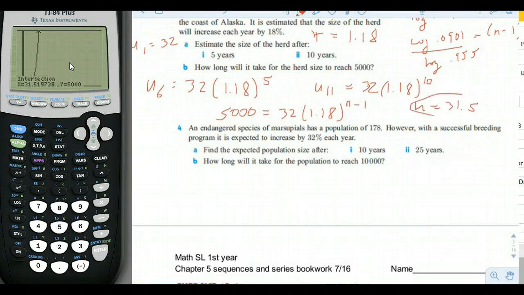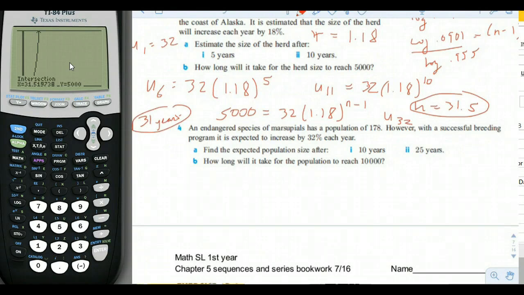So how long will it take for the herd size to reach 5,000? Well, it would be in U32. So U32 would be 31 years after. Okay. Last one.